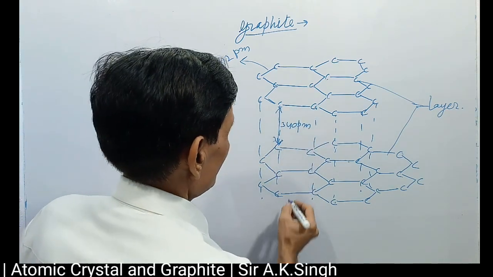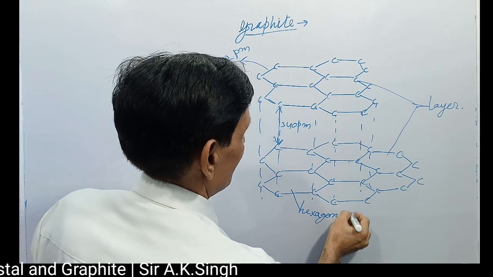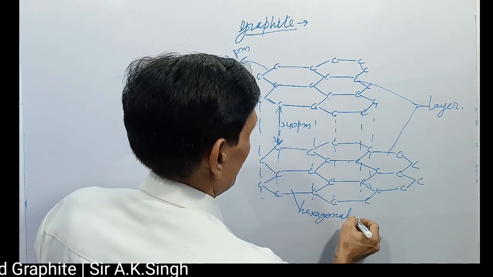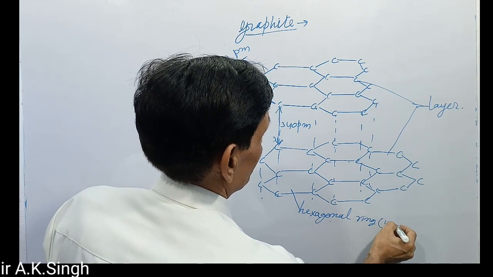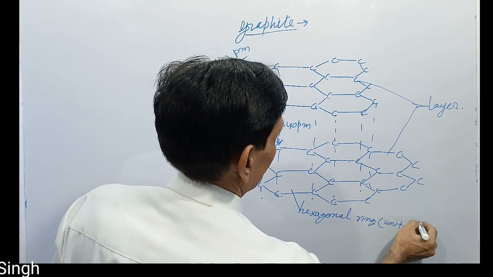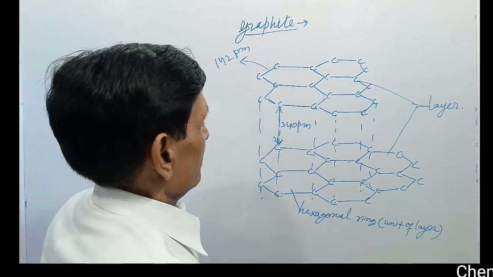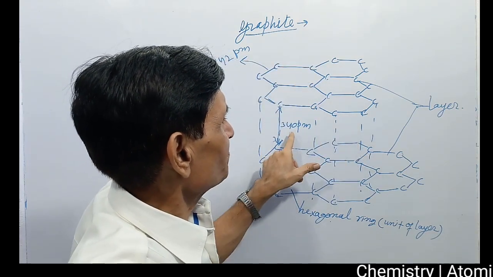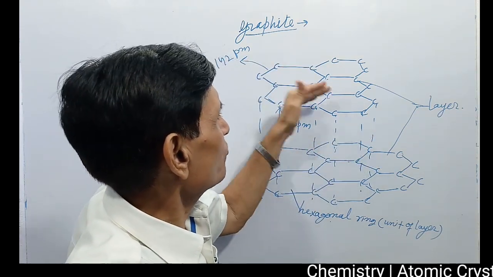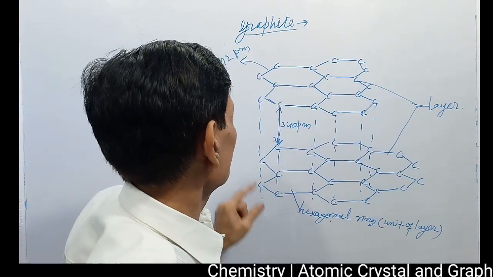Then this is the hexagonal ring or unit of a layer. These layers are attracted towards each other by a very weak force of attraction. This is why one layer can slide over the other layer and it is soft.